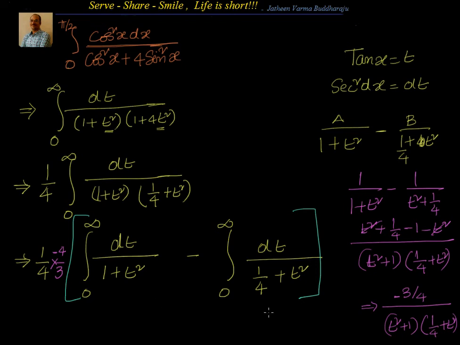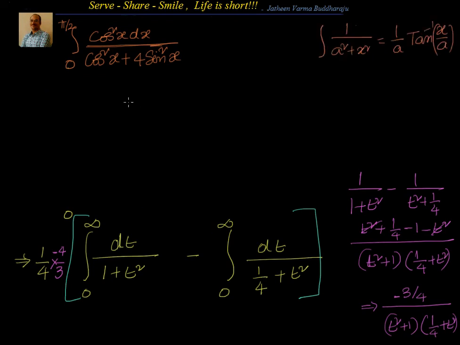Now this is pretty simple because you know the integration of that. We can do that very easily. Let's go to the next step. We will integrate now, and let me cancel 4 and 4. I will have minus 1 by 3, and let me put the limits there.